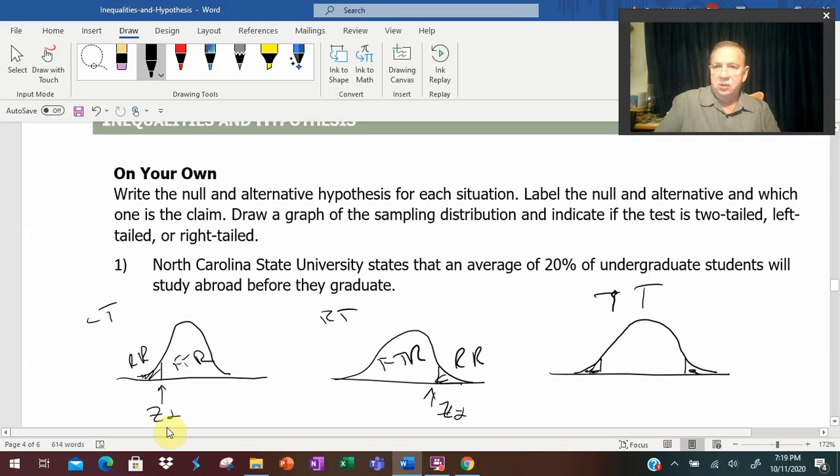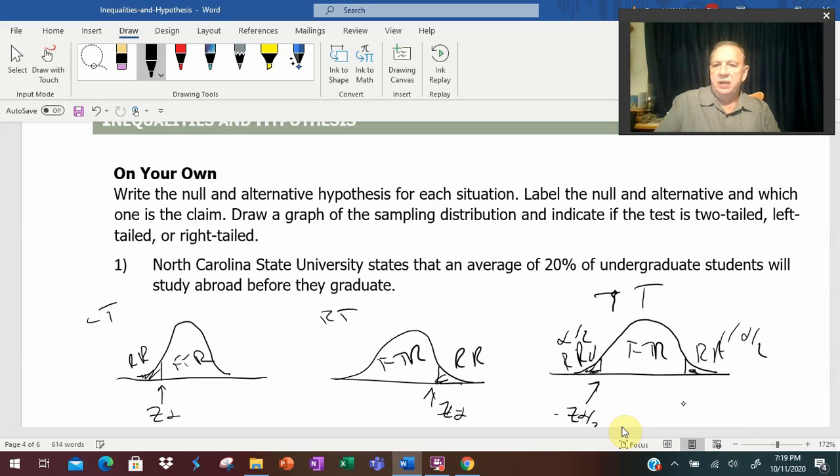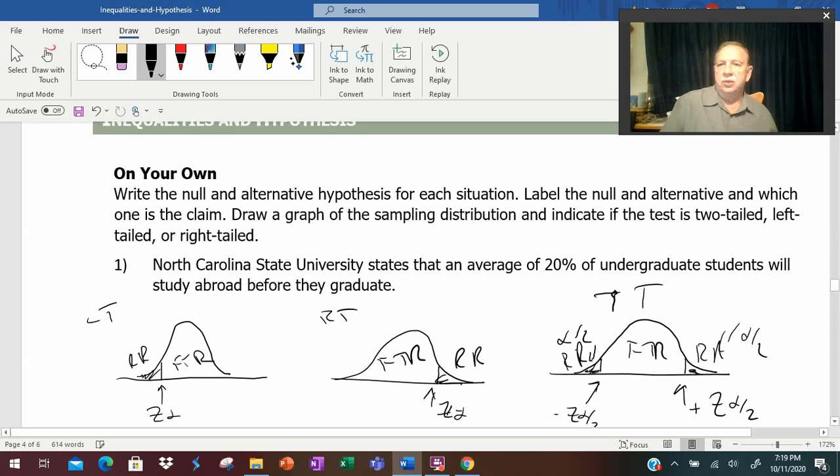Because it's supposed to be right there in the middle. This is here. This is here. Fail to reject is always in the middle piece. And this is my minus Z alpha over 2. This is alpha over 2. Just like we did confidence intervals, this is alpha over 2, half the area. And this is positive Z alpha over 2.